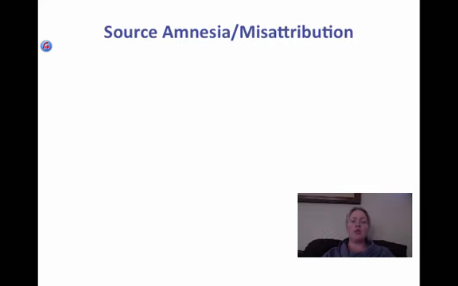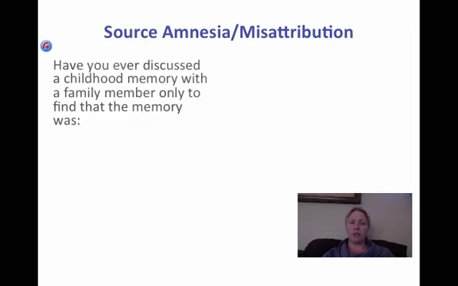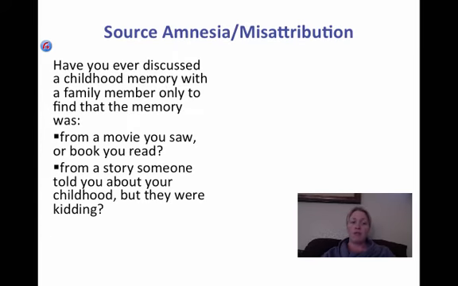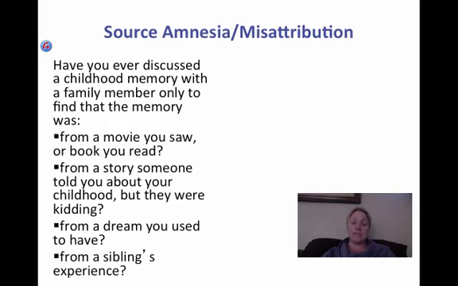All right, now source amnesia or misattribution, which are kind of the same term; we use them synonymously. An example of this: have you ever discussed a childhood memory with a family member only to find out the memory was from a movie you saw or a book you read, from a story someone told you about your childhood but they were kidding, or from a dream you used to have, or from a sibling's experience?